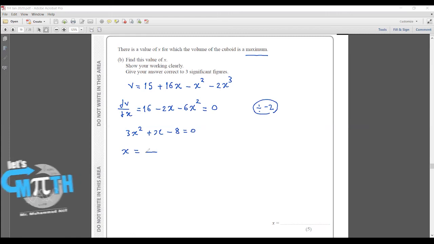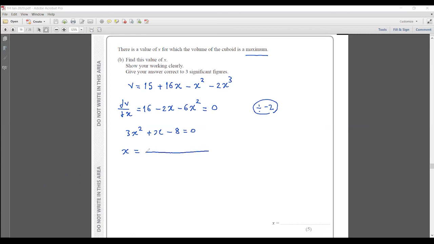The quadratic formula will be negative b, negative 1, plus or minus the square root of b squared minus 4 times a times c over 2a.